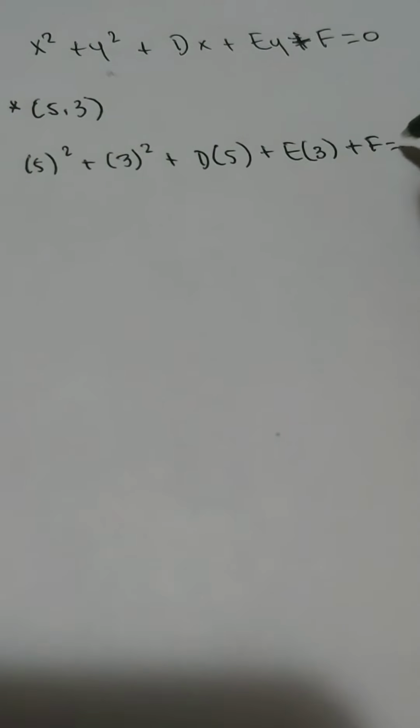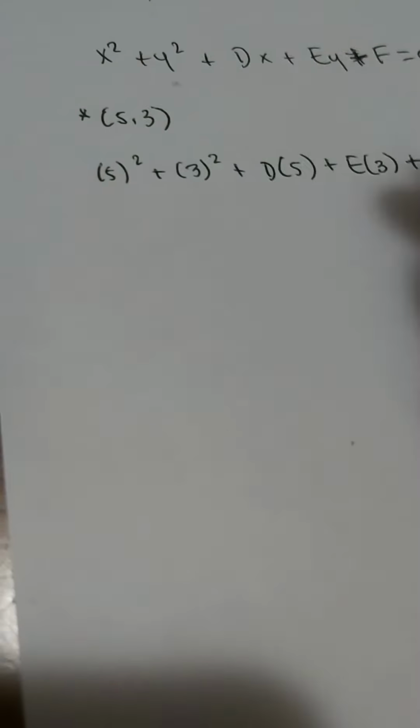Now we're going to substitute (5, 3) into that equation. X is 5, y is 3. So we get 5 squared plus 3 squared plus d times 5 plus e times 3 plus f equals 0.